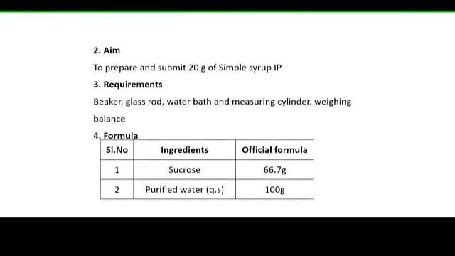Aim: to prepare and submit 20 grams of simple syrup IP. Requirements: beaker, glass rod, water bath, measuring cylinder, weighing balance. Official formula: sucrose 66.7 grams, purified water, quantity sufficient 100 grams.